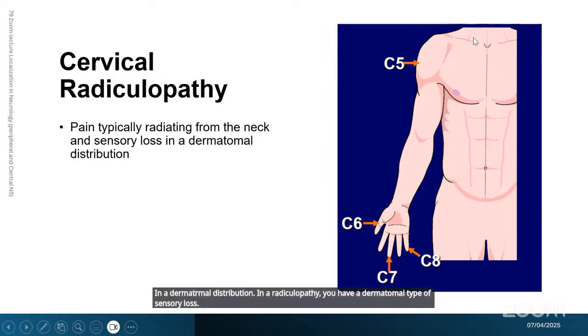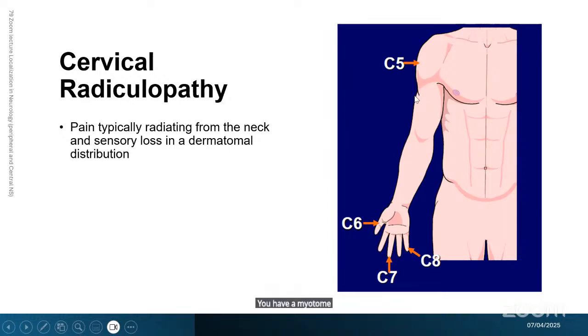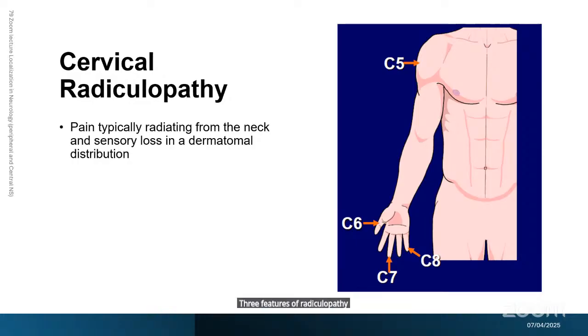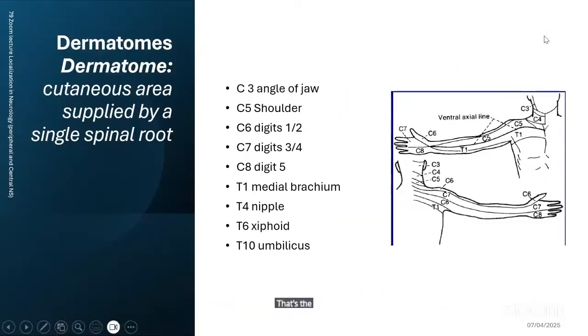You have a myotome which gets affected, so you have wasting and loss of function or weakness in the distribution of that myotome. And if there is any reflex, that is disturbed, that will be absent. So three features of radiculopathy: the pain, sensory loss, and muscle weakness. That's the important thing.